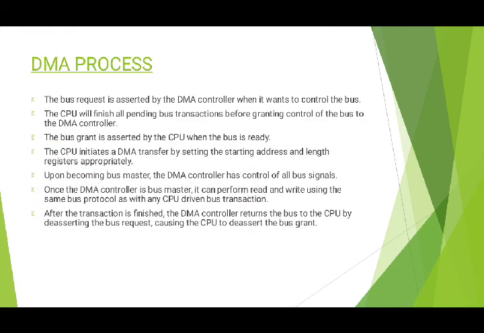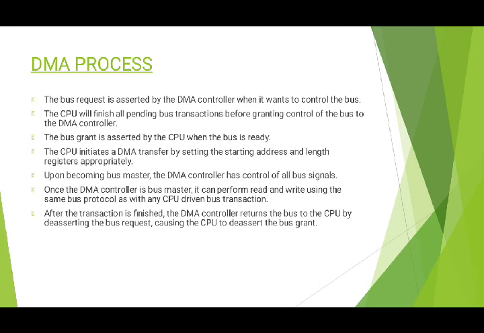Okay. Now, concluding the DMA process, here are some points. The bus request is asserted by the DMA controller when it wants to control the bus. The CPU will finish all pending bus transactions before granting control of the bus to the DMA controller.